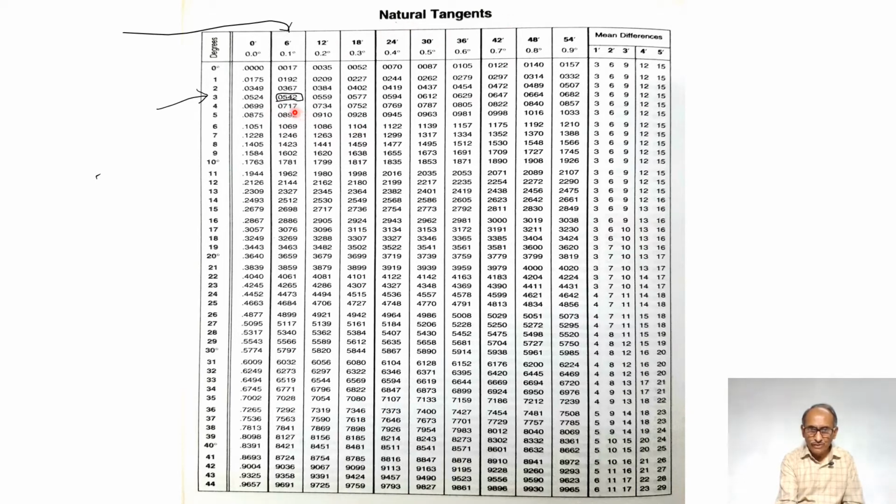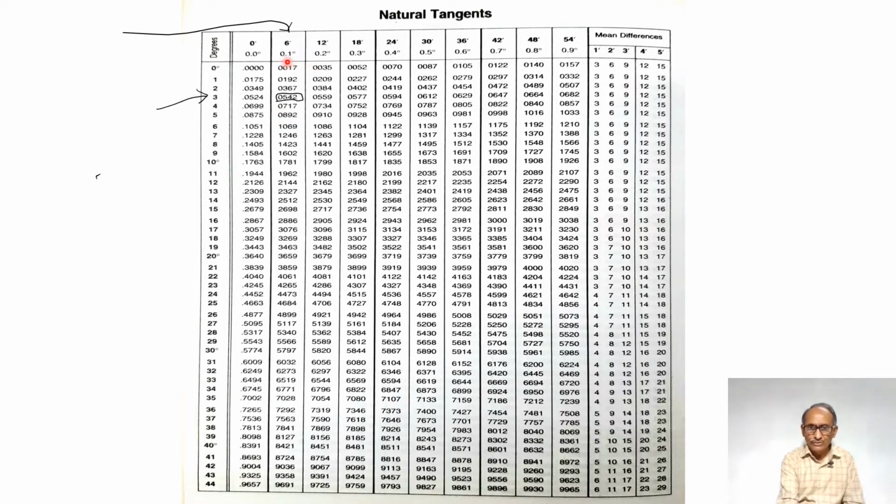So once we locate that, then what you'll have to find out is in which line it is, horizontal line. So here it is at 3. So that means your angle is of 3 degrees, and then it is in the second column, and the heading of that column is 6 minutes.